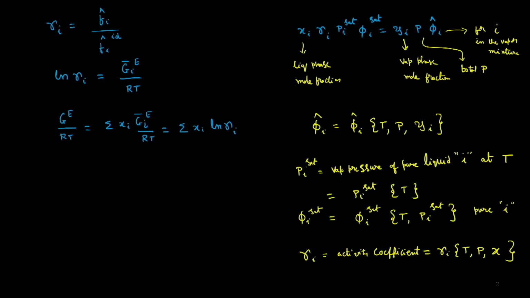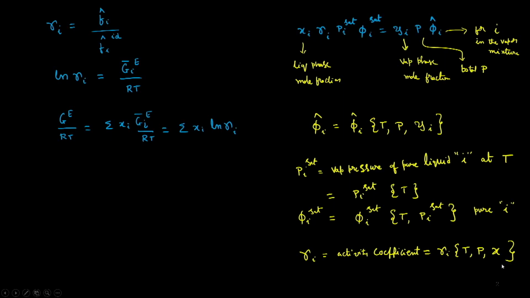But in real life, the effect of pressure is somewhat weak. It doesn't affect the liquid phase activity coefficients that much, so usually we ignore that functionality of pressure. But nevertheless, thermodynamically, it is a function of the temperature, pressure, as well as the liquid phase mole fraction. So this is the phase equilibrium relation we looked at yesterday.